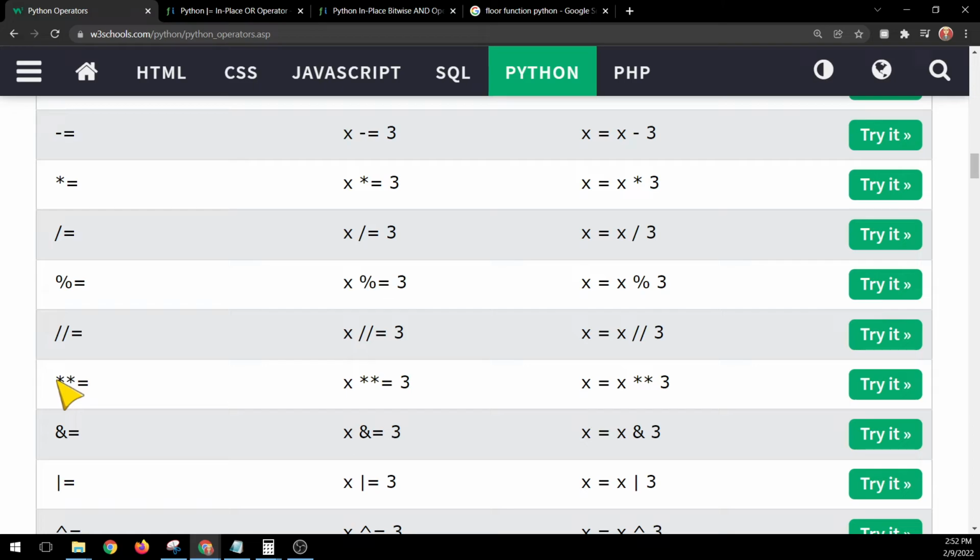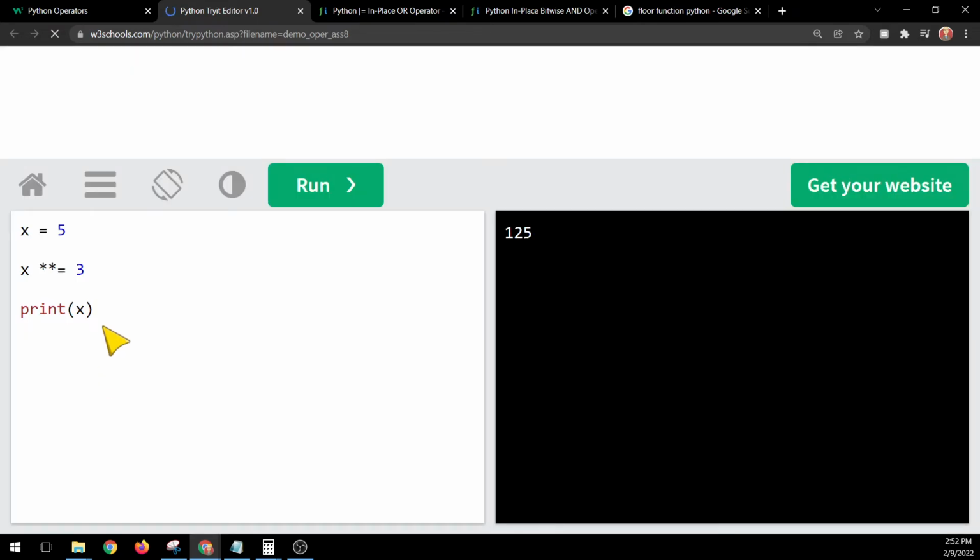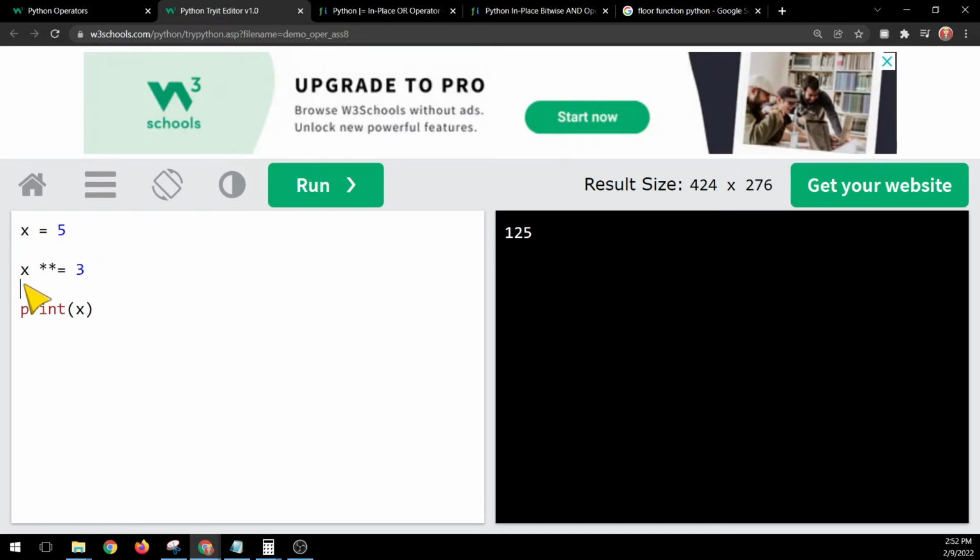Okay, exponent equals. Let's try this one. 5 to the power of 3.